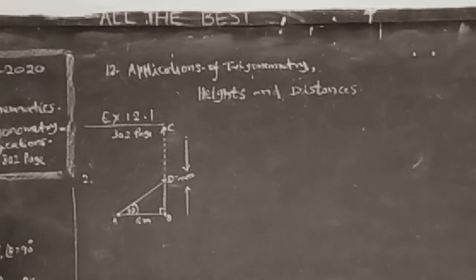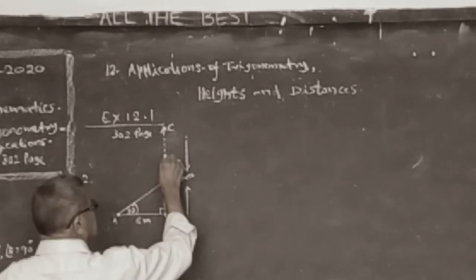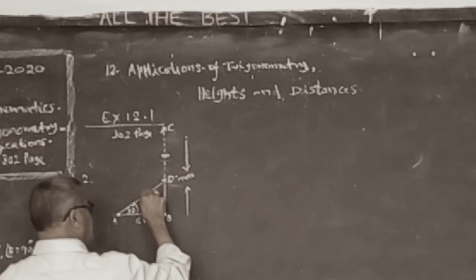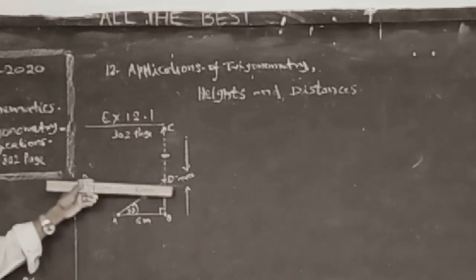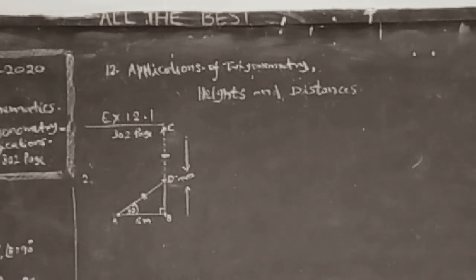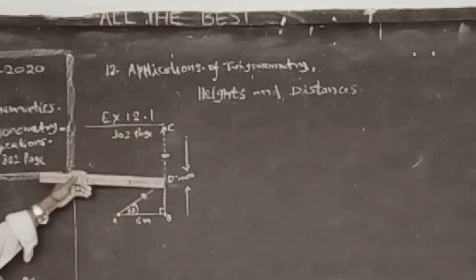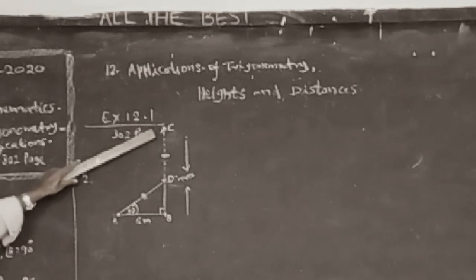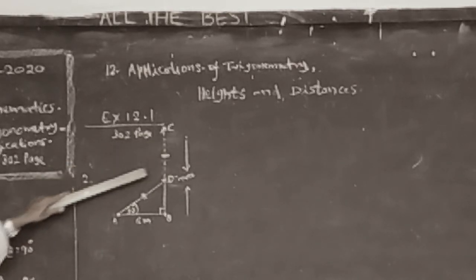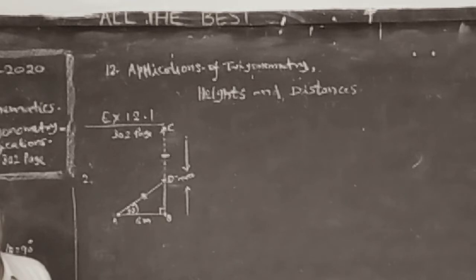Here DC is equal to DA. The broken part is touching the ground at A. Now DC, falling down as DA, is the hypotenuse. The broken part DC is touching the ground at A with an angle of elevation of 30 degrees, so the broken part becomes the hypotenuse of the triangle.